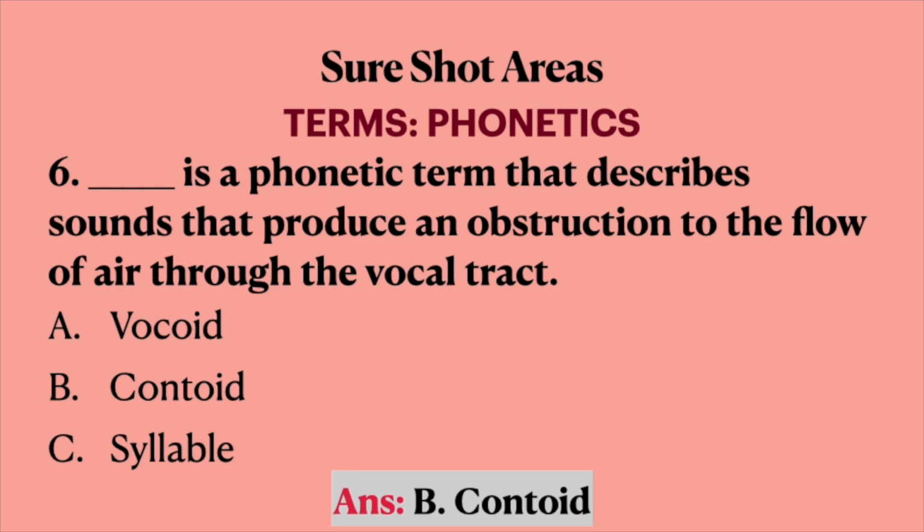But there are some consonants like Y, W. They are also sometimes pronounced without friction. So, contoids and vocoids are two kinds of sounds based on whether there is any oral friction or whether it is pronounced without any obstruction.